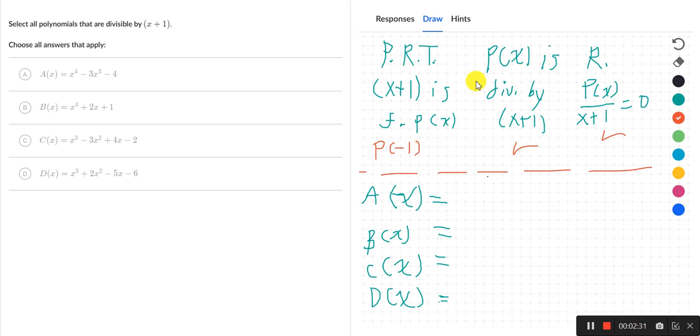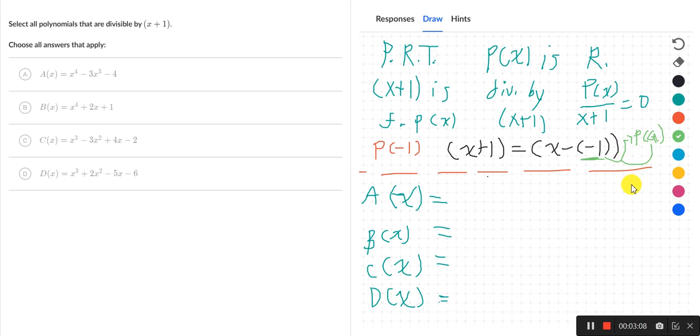Do you remember that whenever you have a factor in this form, x plus 1, this is basically equal to x minus -1, and so in this form, p of a is going to be this.